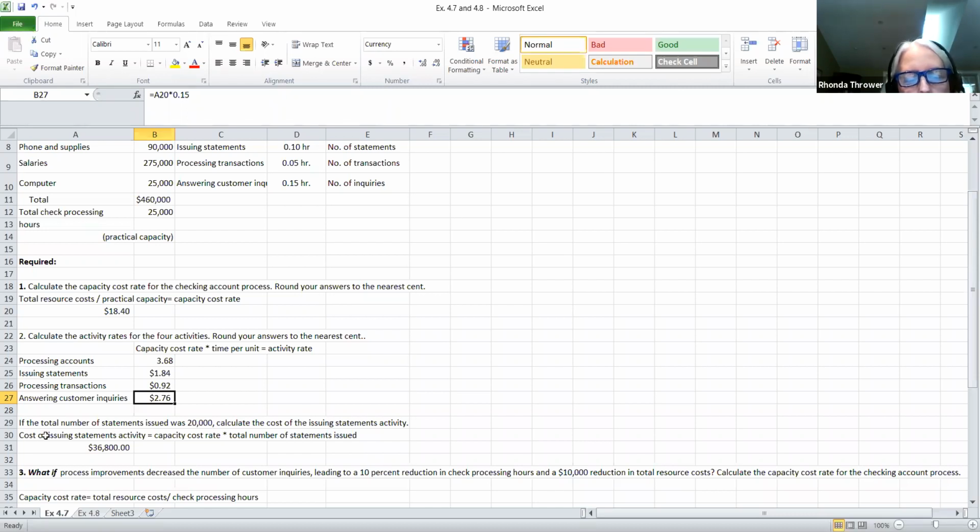It says, if the total number of statements issued, so we're just looking at the issuing statements activity, was 20,000, they want you to calculate the cost that we would have applied to the issuing statements activity.